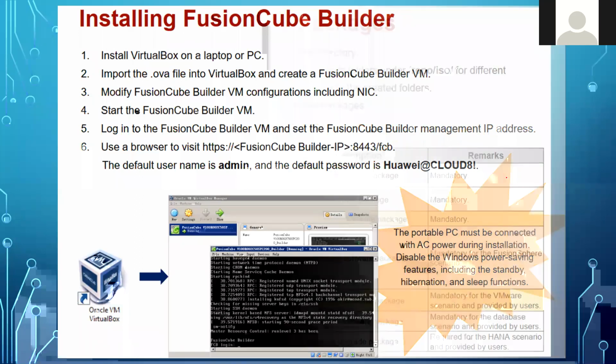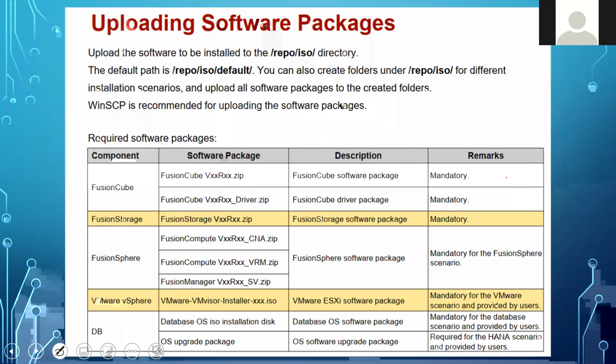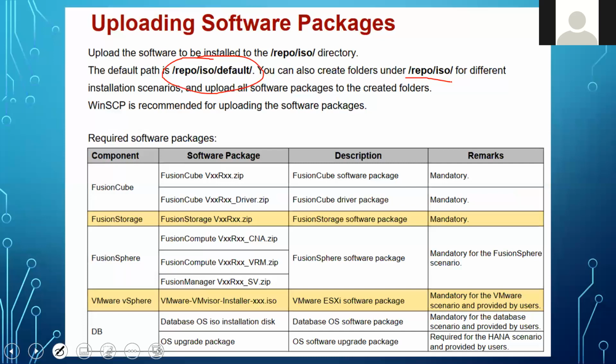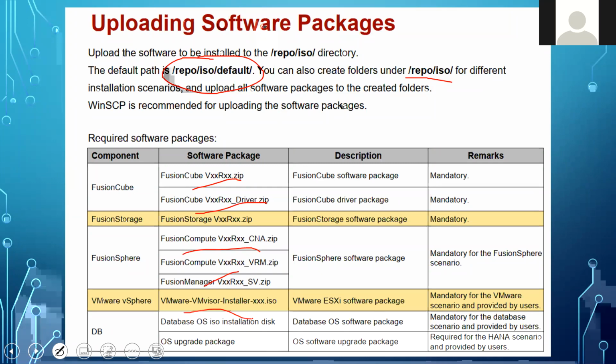Okay, before deployment, you need to download these software packages from the Huawei website, and you have to upload these packages to this folder in the Fusion Builder VM. So this is the path. You have to upload all the files to the FusionCube Builder VM. You have to download the FusionCube software, the FusionSphere software, and VMware if you want to use VMware.